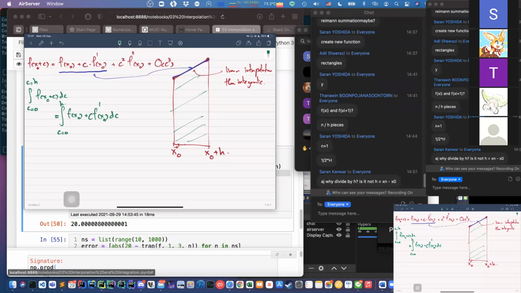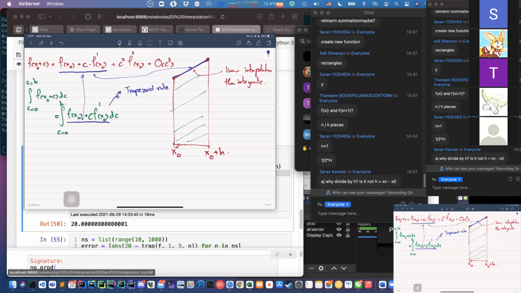This is the blue part. These two are our function. So this is essentially our trapezoid rule. Because you are linearly extrapolating and then integrating, you can simplify this and get the trapezoid rule.